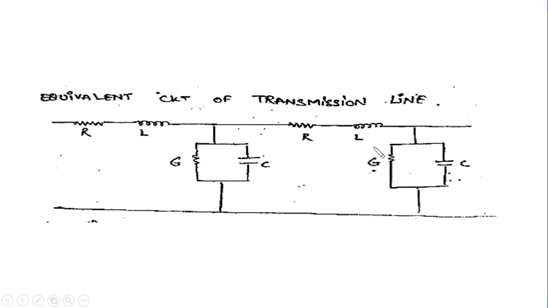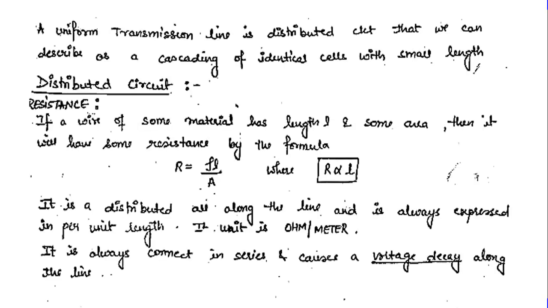So here you have the R, L, G, and C. All these parameters are per unit length parameters. We will see why they are there and how these distributed elements make up the equivalent circuit of the transmission line. Let us discuss every component, or distributed component, of the given equivalent circuit individually.